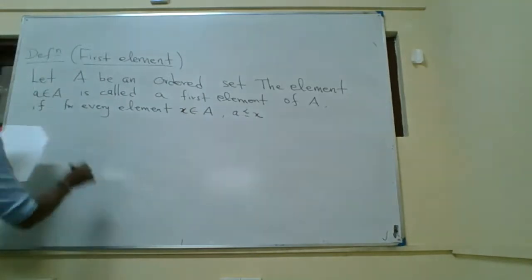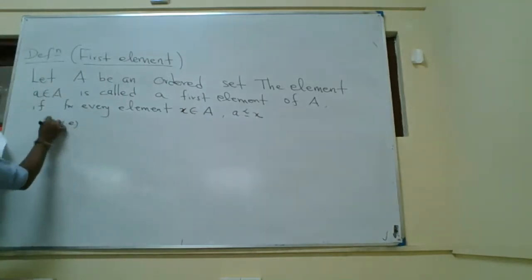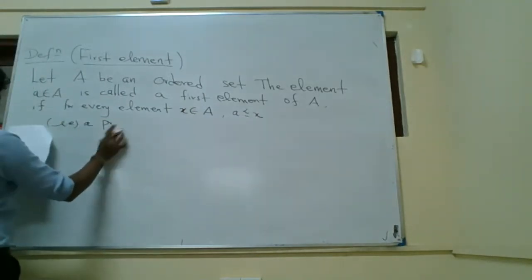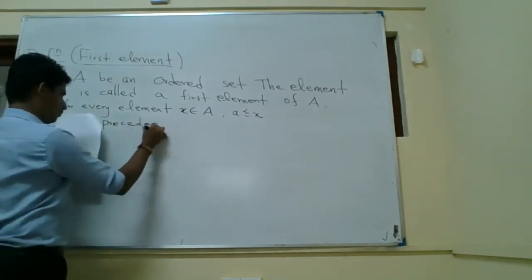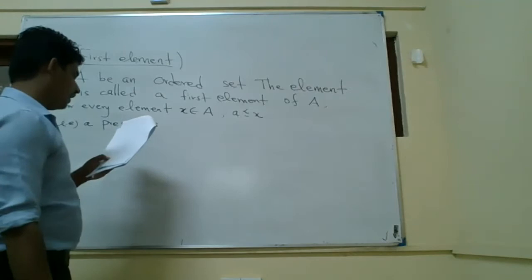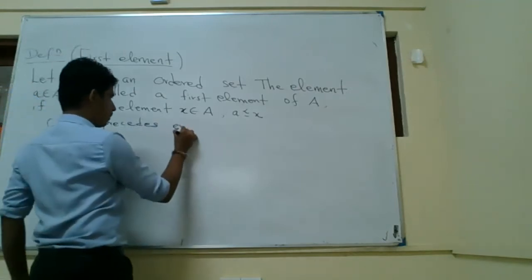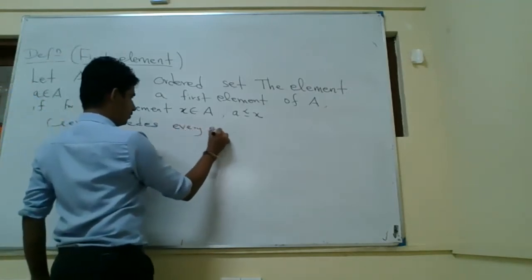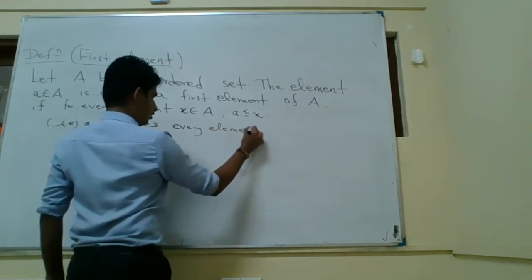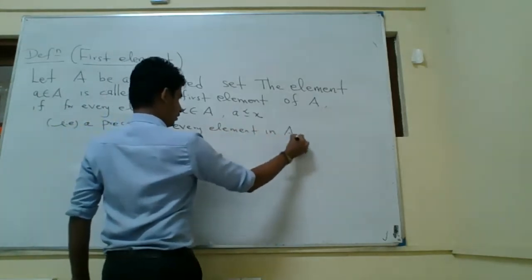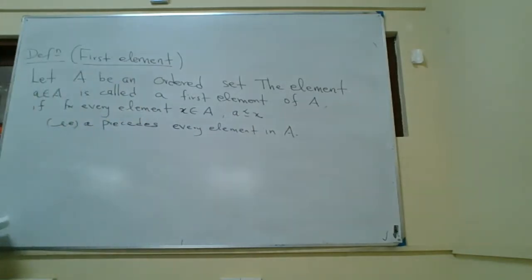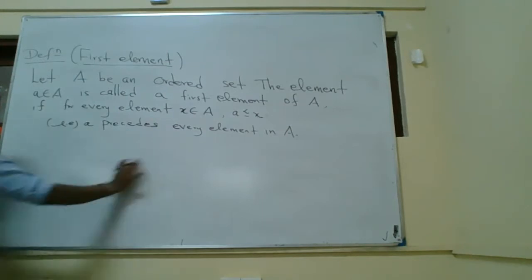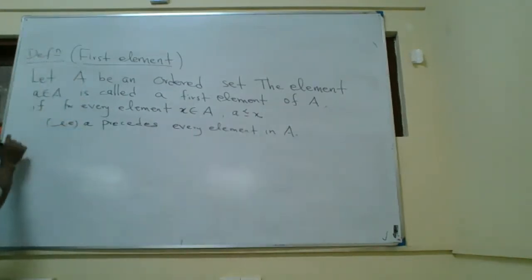That is, a precedes every element in A. This means a is related to x. This notation you already studied, right? Next definition.